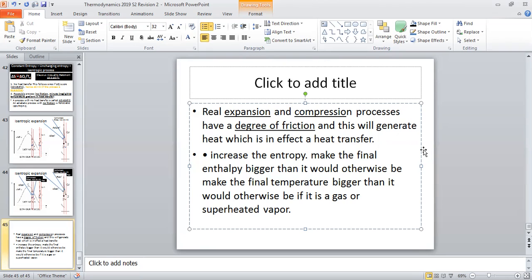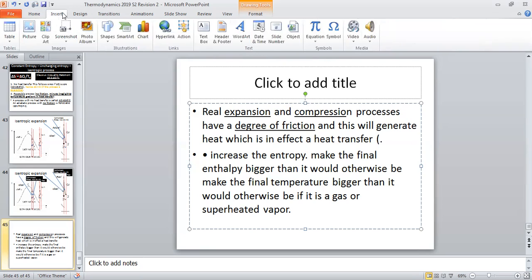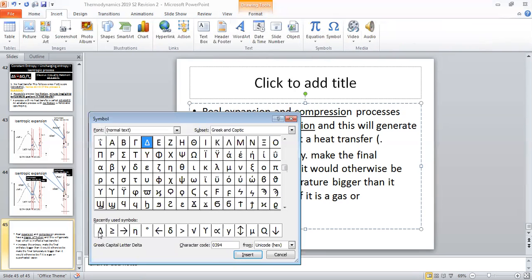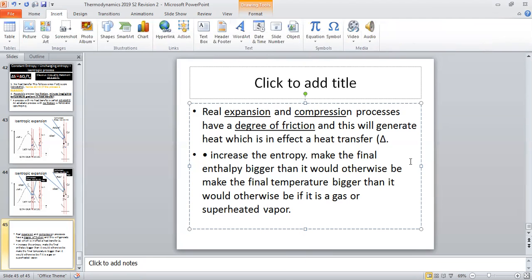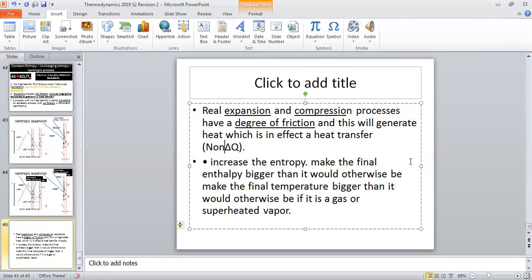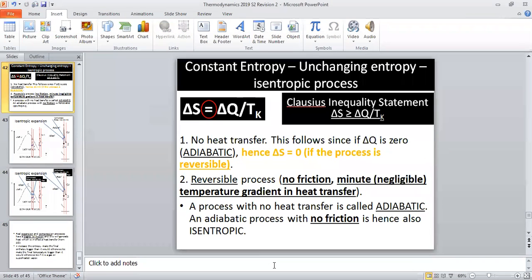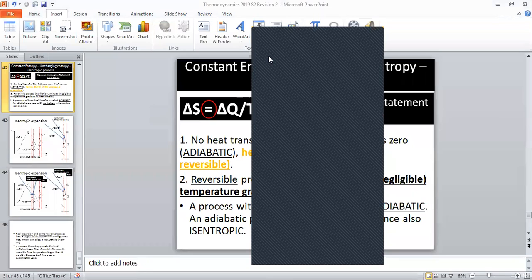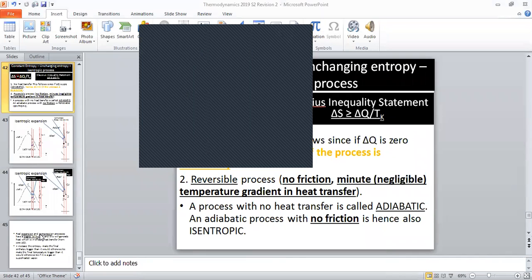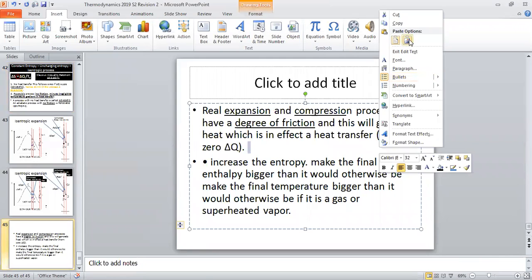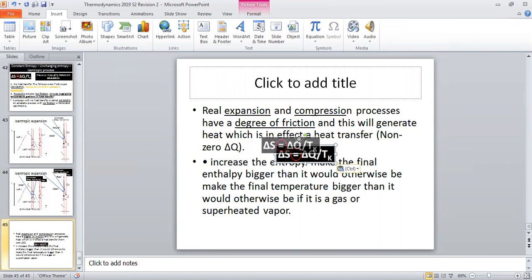So that's why this is related to delta Q. So non-zero delta Q. Non-zero delta Q means you cannot have the equal sign.